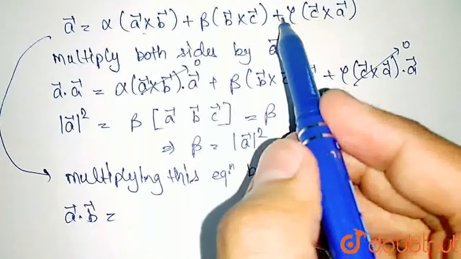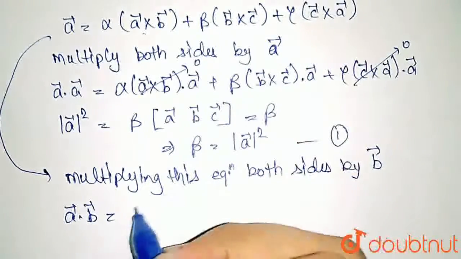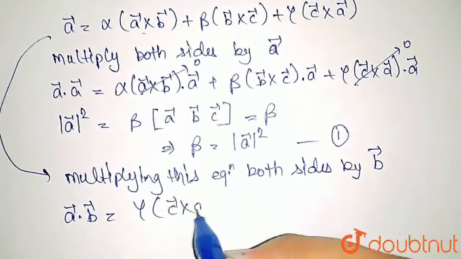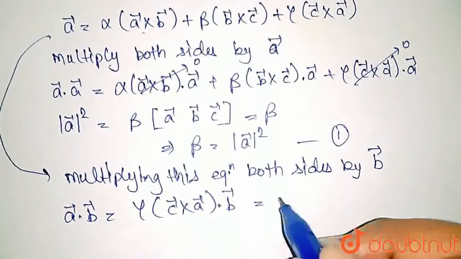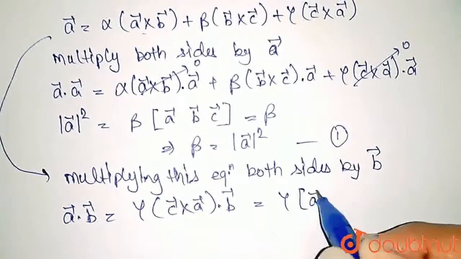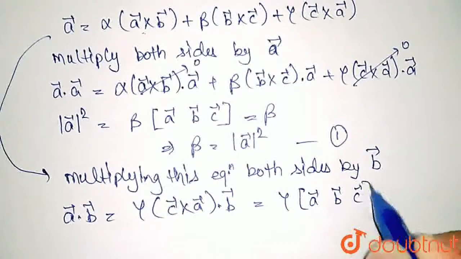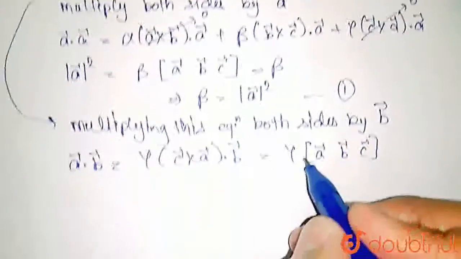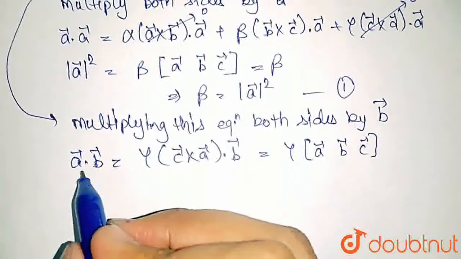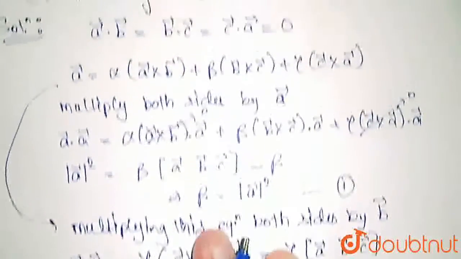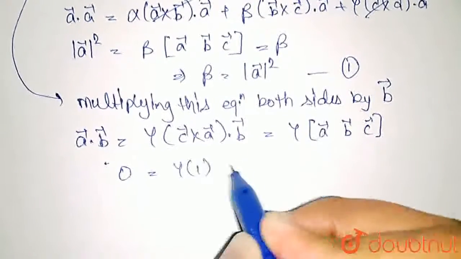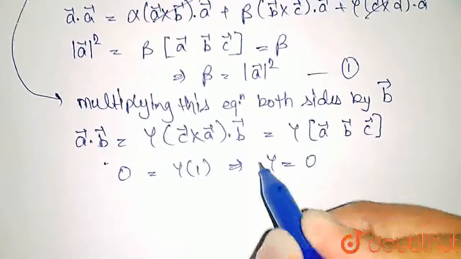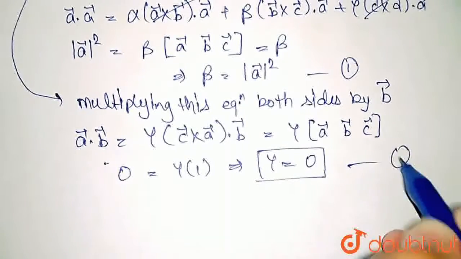So we are only left with gamma C cross A dot B. And this is again scalar triple product of A, B and C. So gamma, this is equal to 1, and A dot B, because they are mutually perpendicular, so A dot B is 0. So 0 is equal to gamma into 1. This implies gamma is 0. Mark it as second.